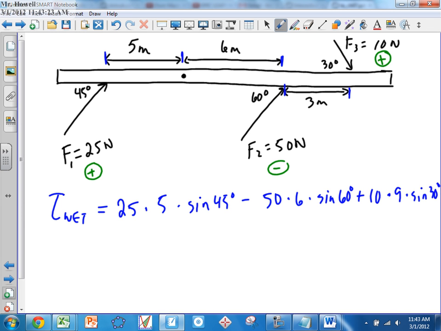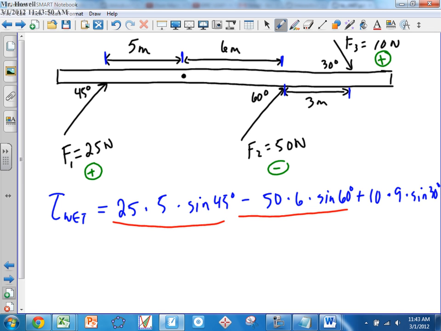Again, we've got the first force acting at 25 newtons at an angle of 45 at a distance of 5. That's this right here, the first force, F1. The second force happens to be pushing in the negative direction, the counterclockwise direction. Use logic: if you push up on this beam right now, it's going to go this way, which makes it negative, which gives us this part.